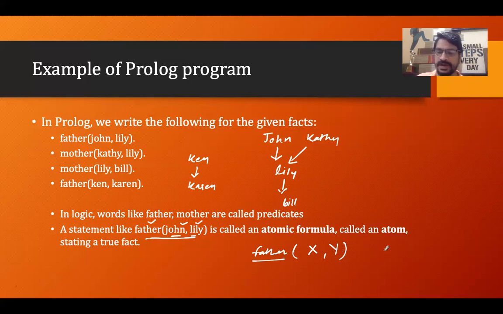So it may be friend, right? X may be the friend of Y, or it may be a teacher-student relationship. Let's say ABC is the teacher of Ajay. Okay, in that way also we can write it down.